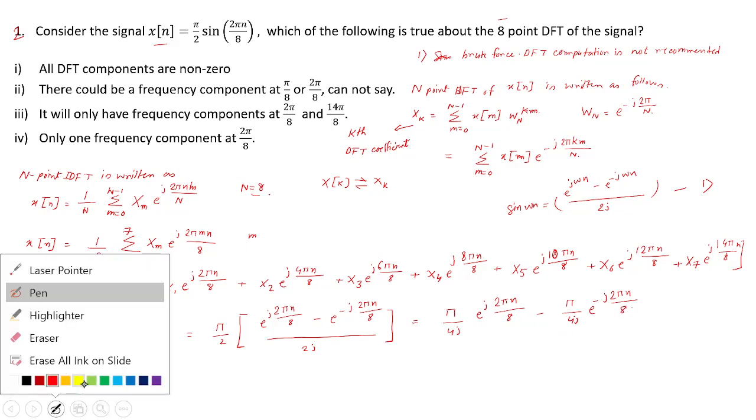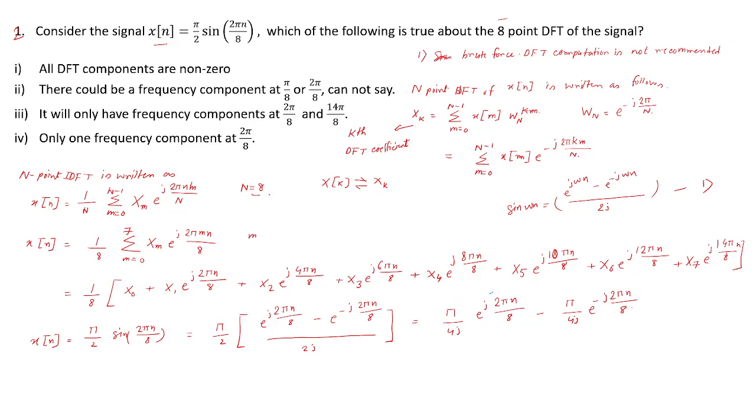Now let me highlight in a different color that this term corresponds to this term. So the coefficient corresponds to frequency 2 pi over 8. The x1 should have this value. So there is a frequency component at pi by 8.